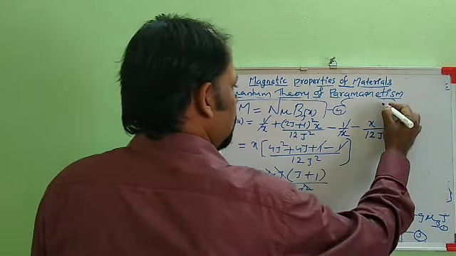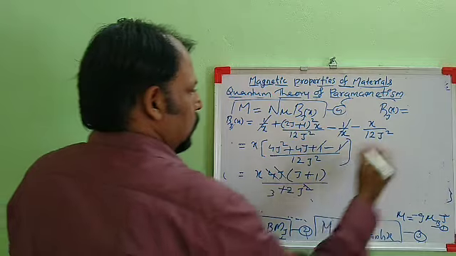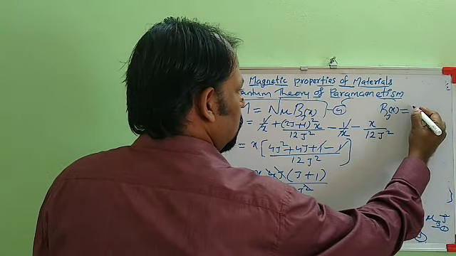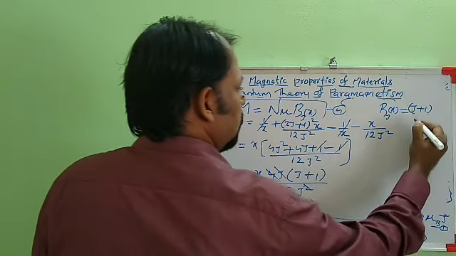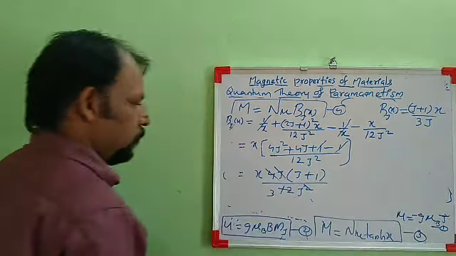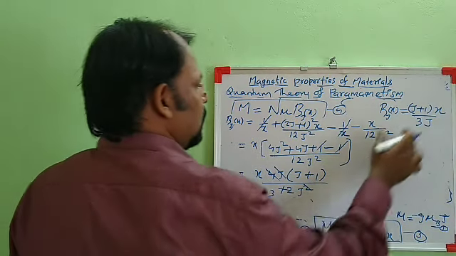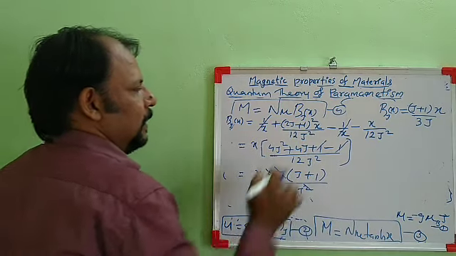So we will be having Bj(x) as (j+1) by 3j, x, (j+1)x by 3j. So Bj(x) we are having (j+1)x by 3j.